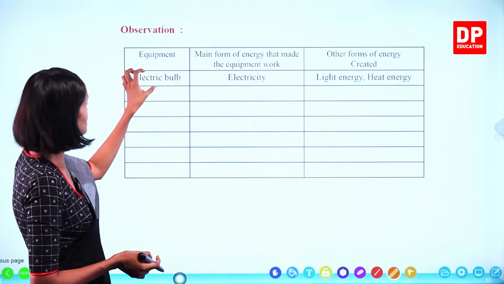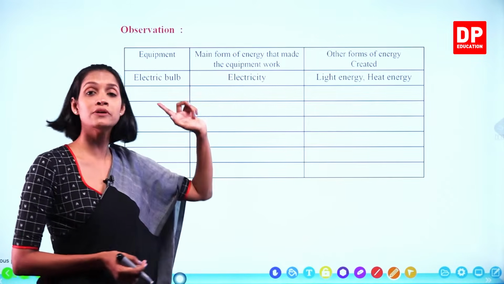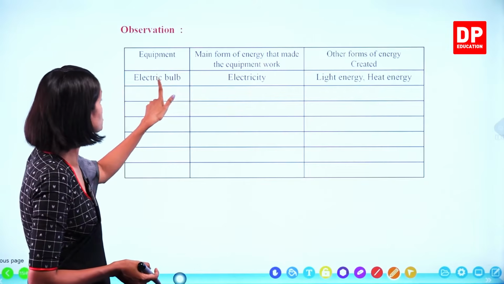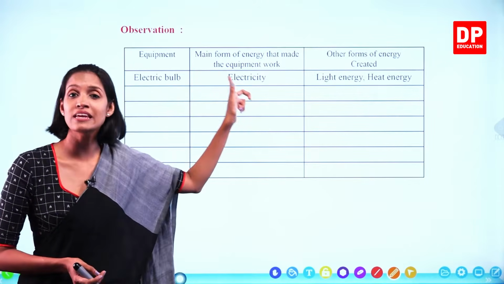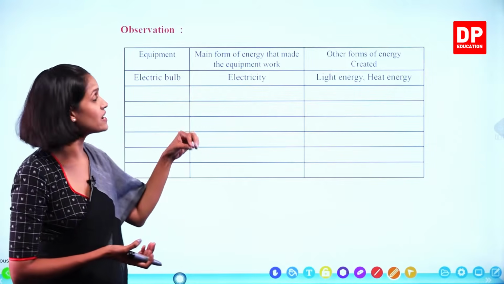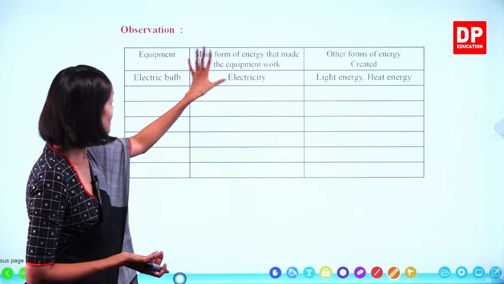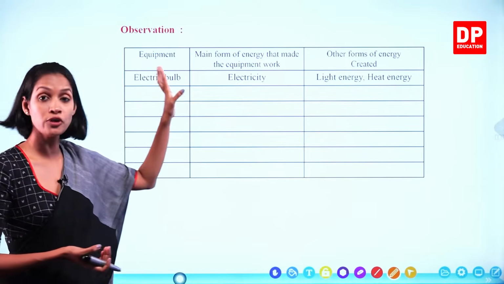So when you light a bulb, what happens? What is the main form of energy that made the equipment work? The small torch bulb works because of the electricity supplied by the dry cell. Right? The dry cell provides electricity. Because of the electrical supply, the electric bulb works.